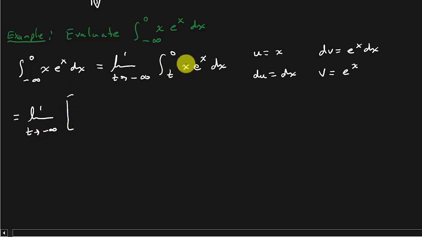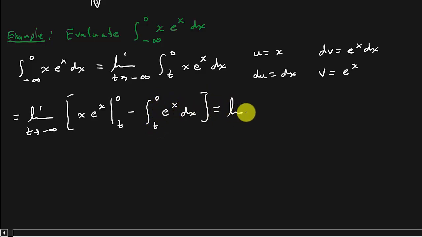All right, so what is this? See, we're just working with this part right here. We're integrating it. And so that's u times v, so x times e to the x, and that's going to go from t to 0 minus the integral, and that's going to be what? t to 0 of e to the x dx.